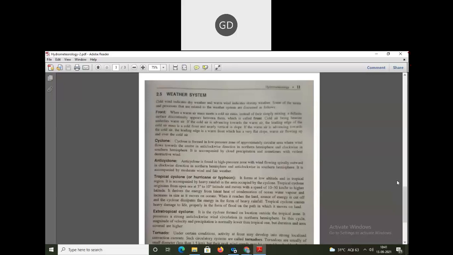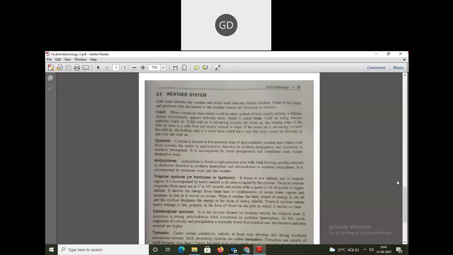What is the latitude? 5 to 10 degree latitude. And what is the speed of the wind? It is 10 to 30 kilometers per hour. So this is about your tropical cyclone. This hurricane or typhoon causes very high damage to life or to any property.